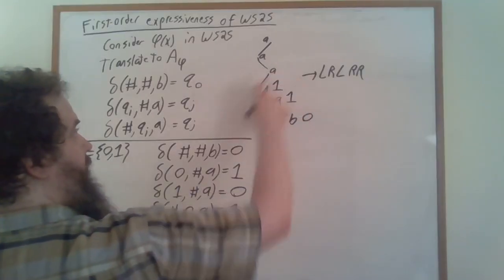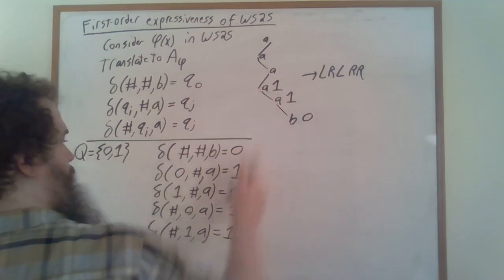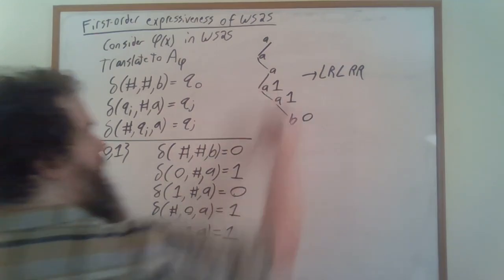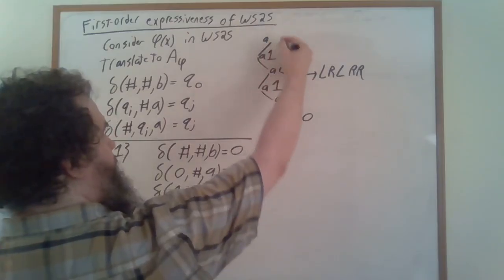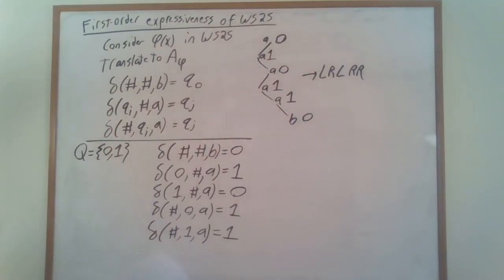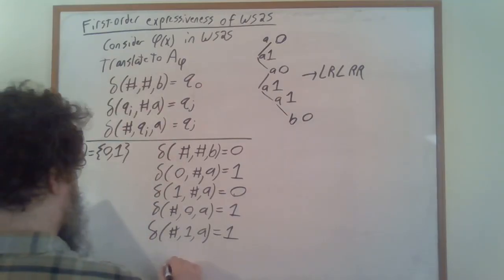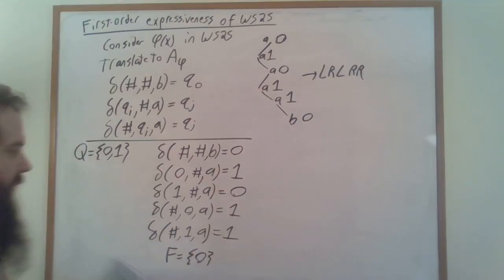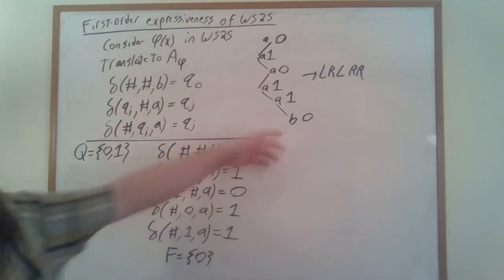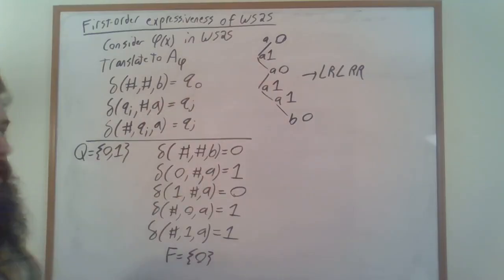This A has a left child with state 1, so we associate state 0 to it. And we work our way up, and it turns out that we associate state 0 to the root. And let's say that the set of final states actually is the state 0. So this tree word actually is accepted.